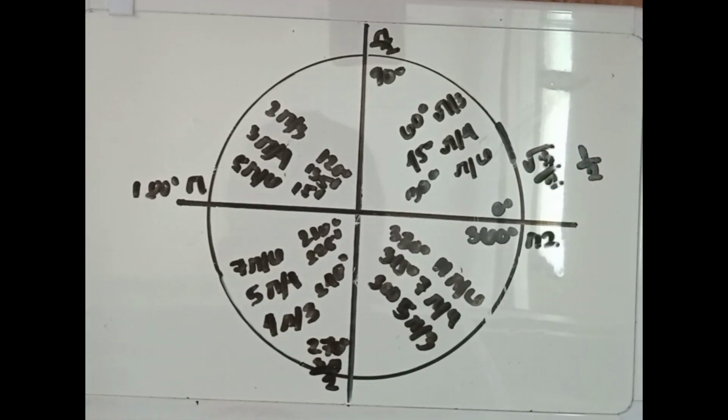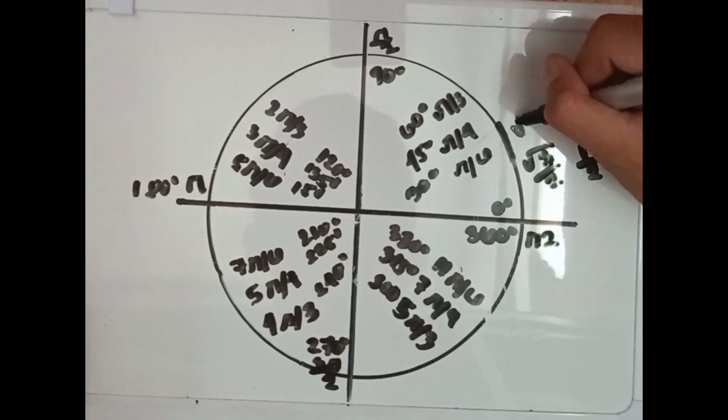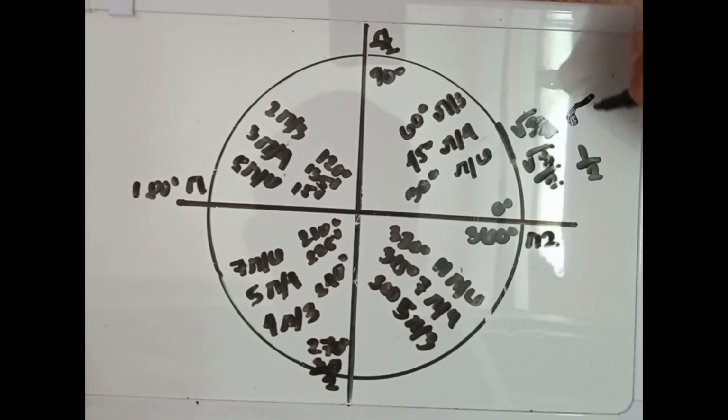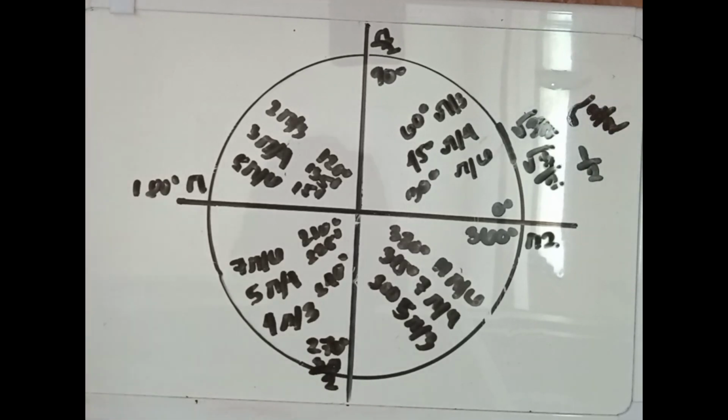The x and y coordinates of 45 degrees, pi over 4, are square root of 2 over 2 and square root of 2 over 2.